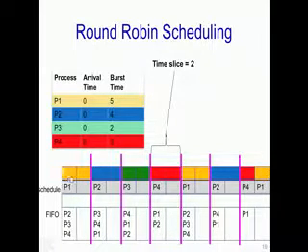P1 executes for 2 cycles, and then there is an interrupt which occurs leading to a context switch, and then the top of the FIFO, in this particular case P2, gets scheduled into the CPU, while P1 gets pushed into the FIFO. P2 then executes for 2 cycles until the next timer interrupt, in which case the time slice of 2 cycles completes, and then it gets pushed into the FIFO.